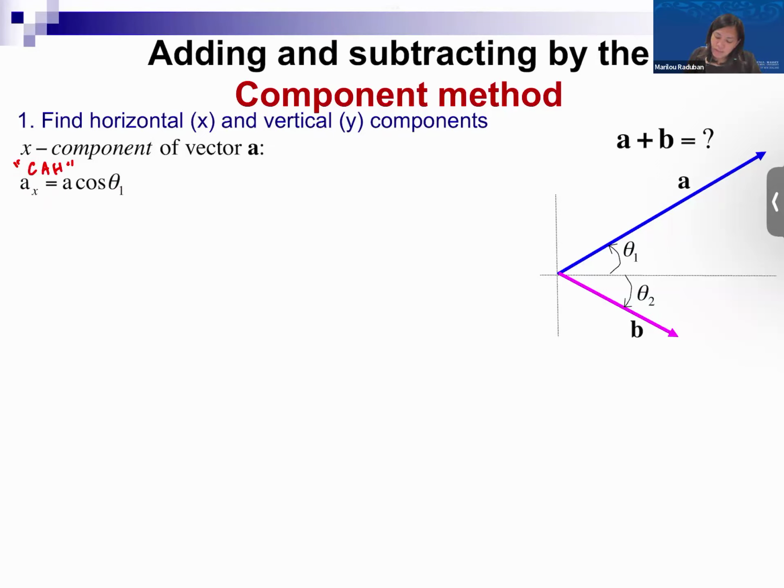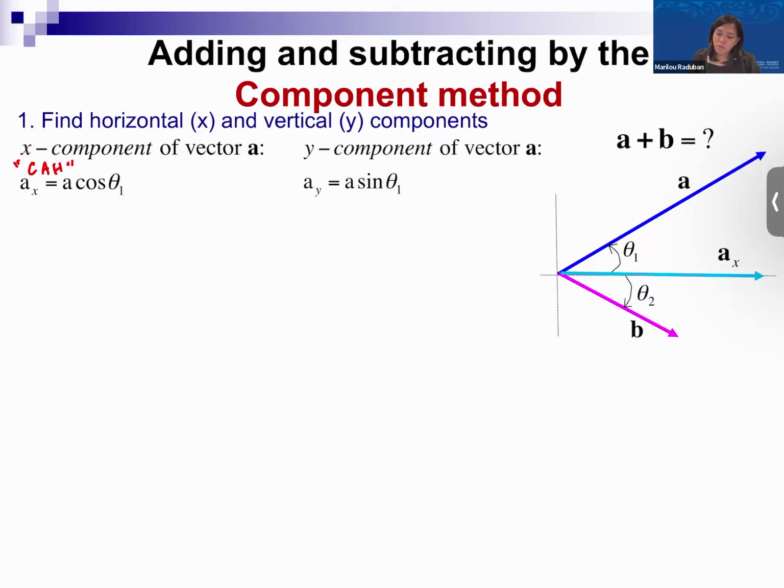So graphically here, you can draw that by starting at the head of the diagonal vector, project that onto the x-axis, and draw the x component from the tail of the diagonal vector. So this is the x component of vector A.